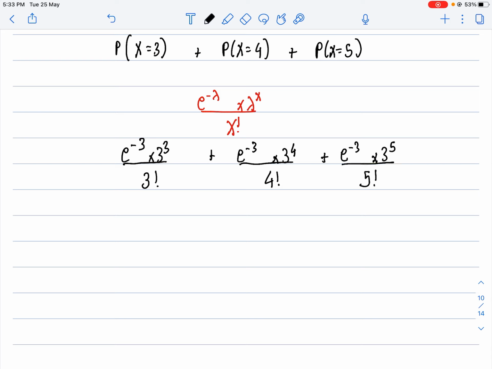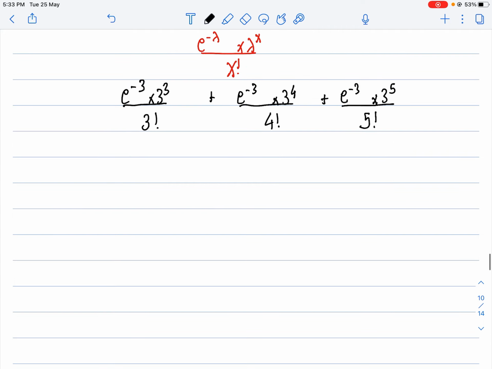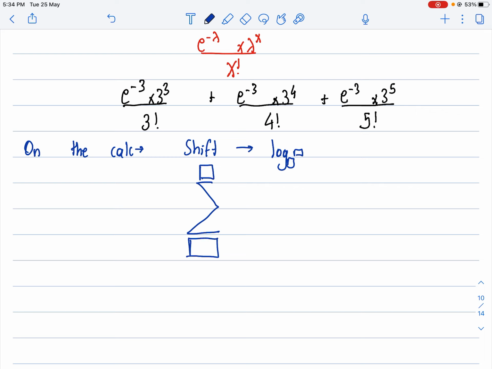Now if you see, writing all of this would be a little tasking on the calci. So a simple way to write it on the calci is, you click on shift and then click on log. When you click on that, you'll get a summation sign with a limit here, and a bracket here.